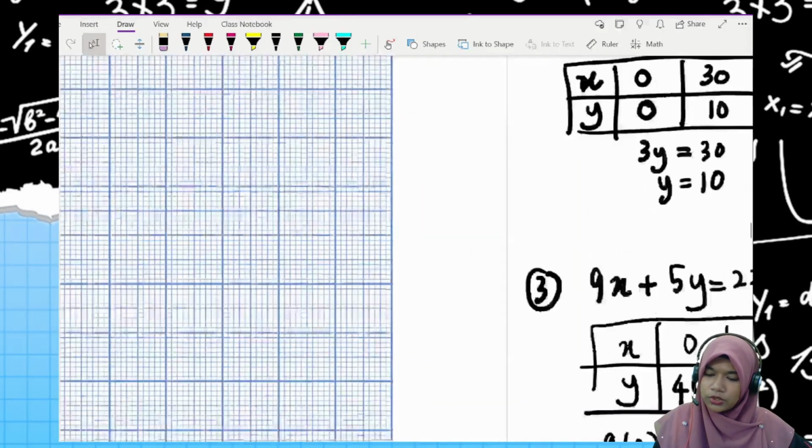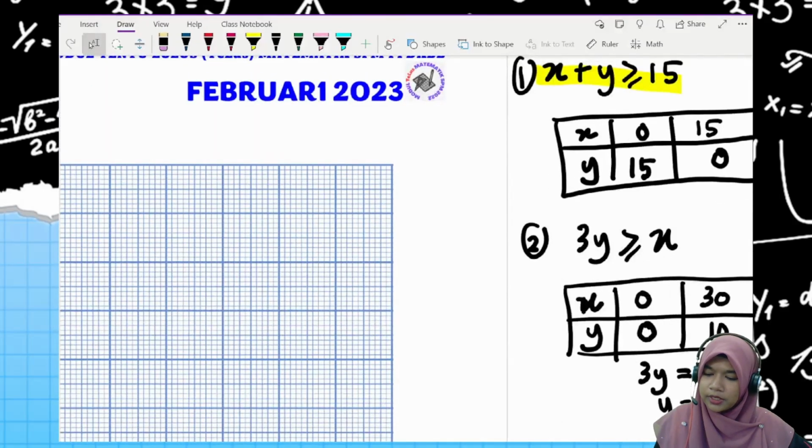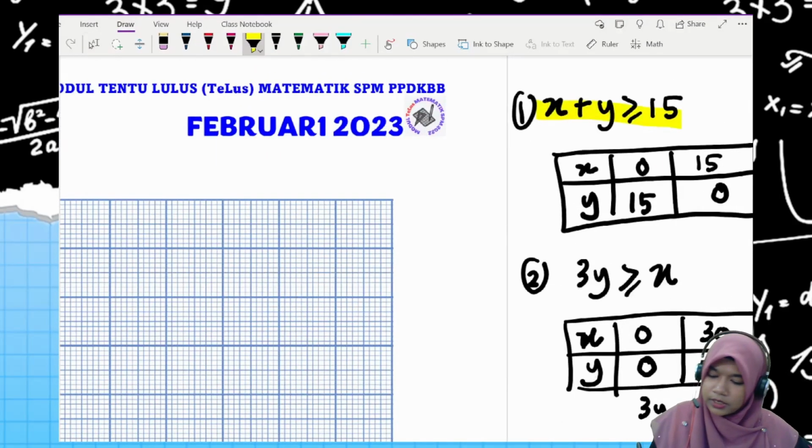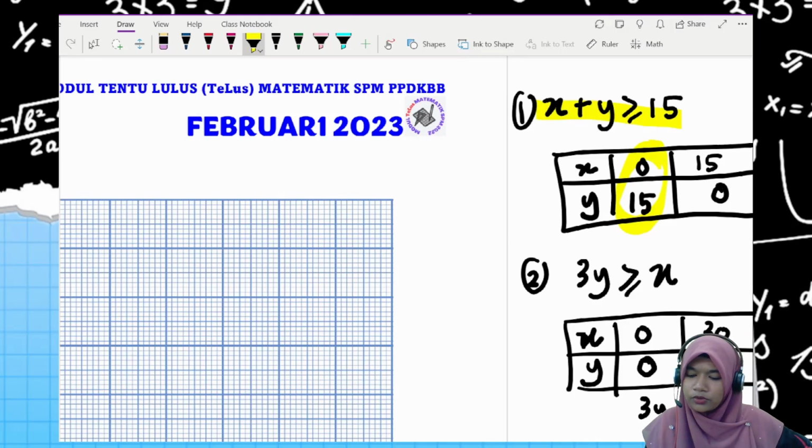So for number 1, you take the coordinates here, 0, 15.